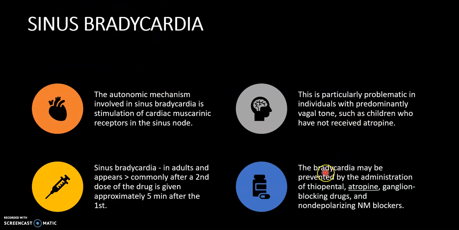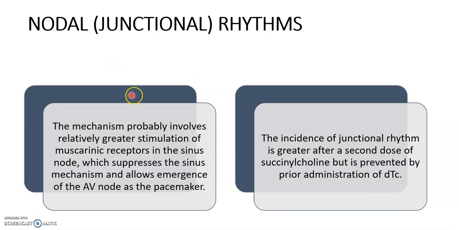As mentioned previously, this bradycardia can be prevented by giving thiopental, atropine, ganglion blocking drugs, and non-depolarizing neuromuscular blockers, which we'll talk about shortly. Another adverse effect of suxamethonium is nodal or junctional rhythms.